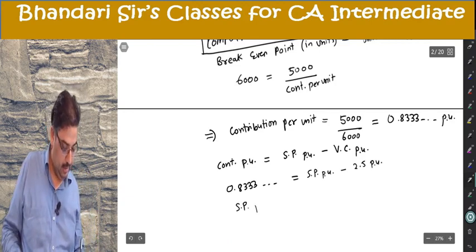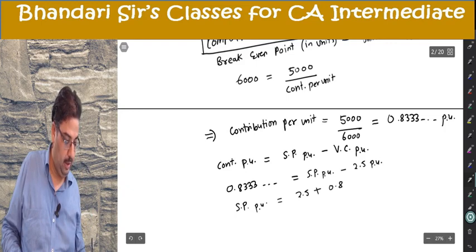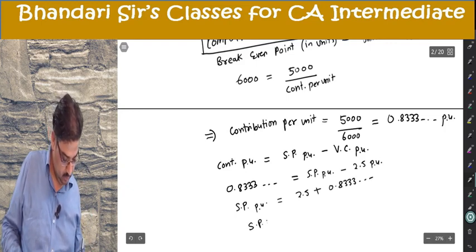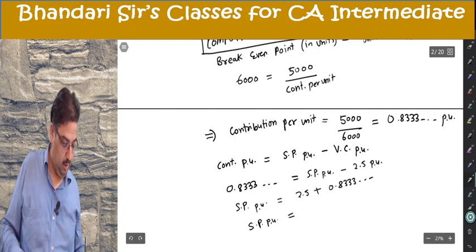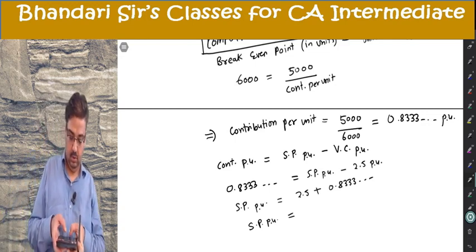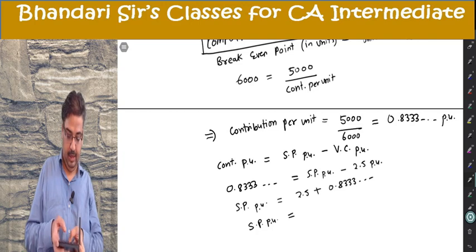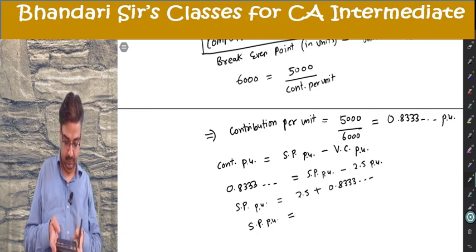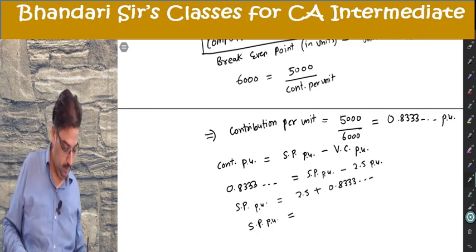So selling price per unit is equal to 2.5 plus 0.8333 recurring. Selling price per unit becomes 2.5 plus 0.833333. This is 3.3333 per unit.